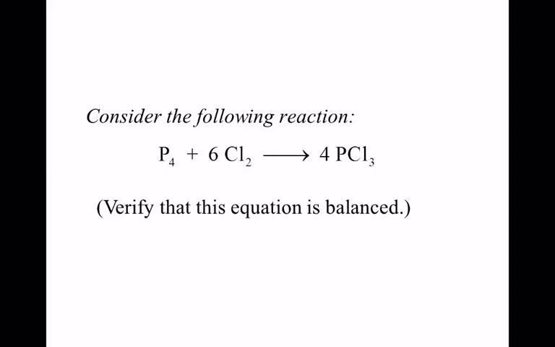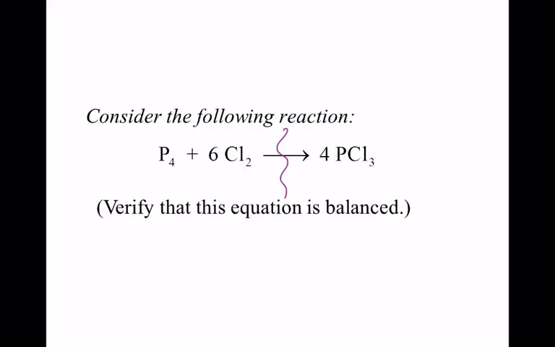Okay. Cool. So I'd like to do this one together. Now we're switching gears. It's a different reaction, a different balanced chemical equation. Yes, this is balanced, and you guys had some work at balancing equations.